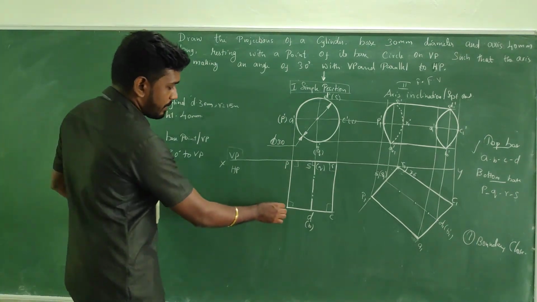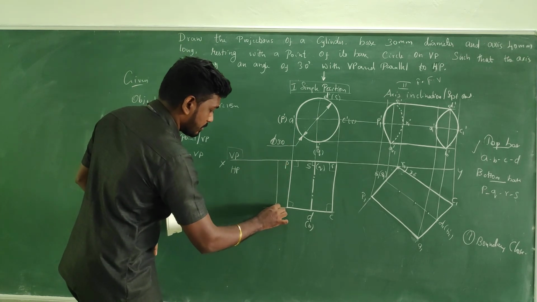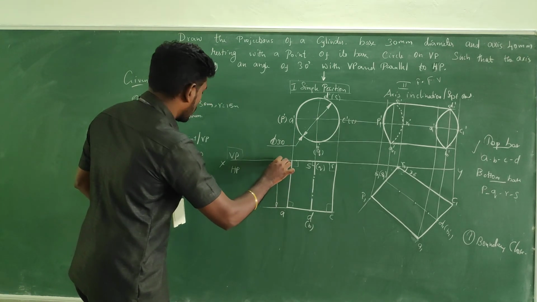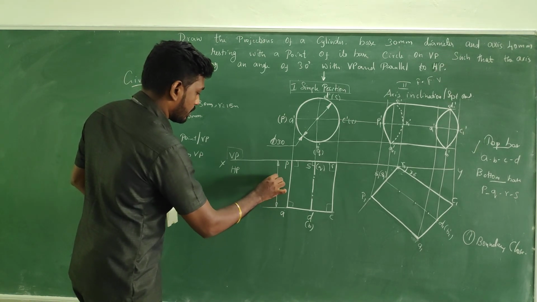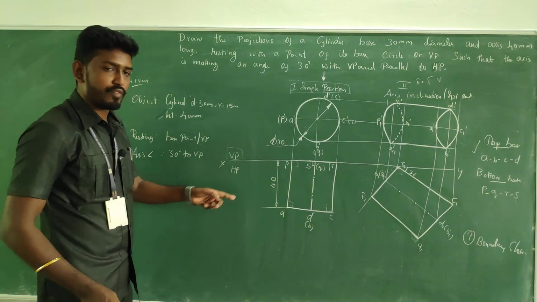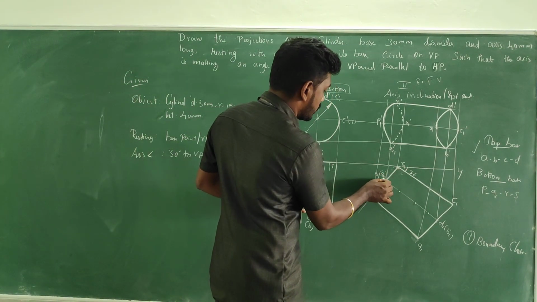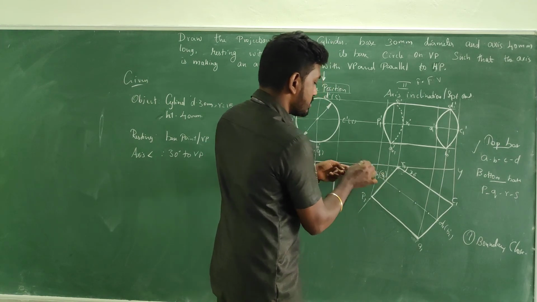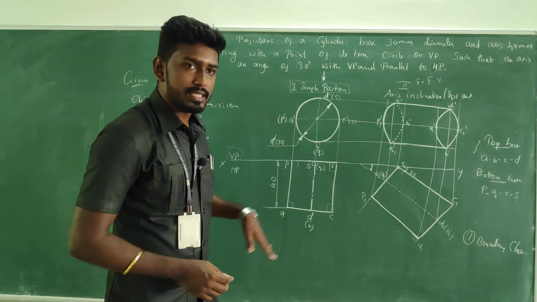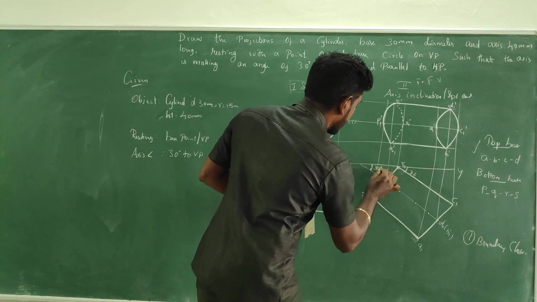Then the height of the axis is given. For that, take a line something like this and right above the line write 40. Then the inclination of the axis must be shown. For that, extend the line from the axis and intersect with the XY line, and write 30 degree.